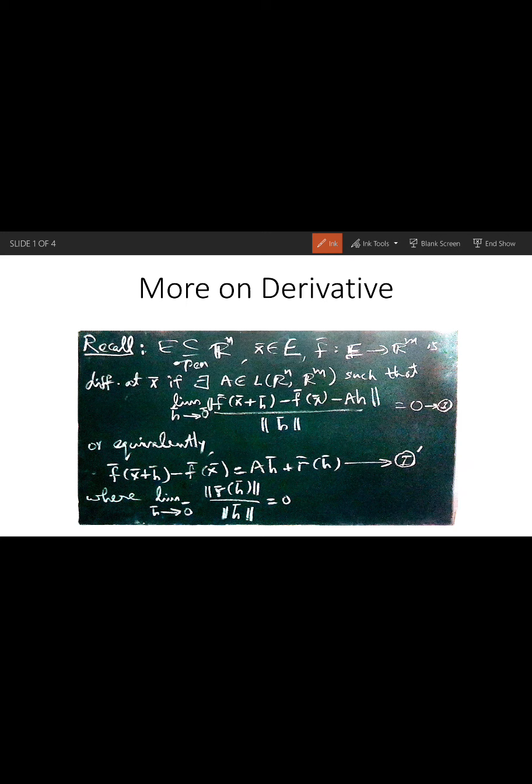Or equivalently, we have seen that f of x plus h minus f of x is equal to Ah plus r of h.